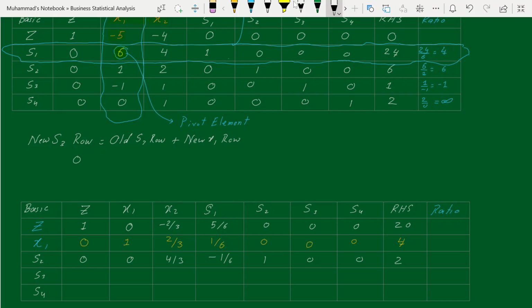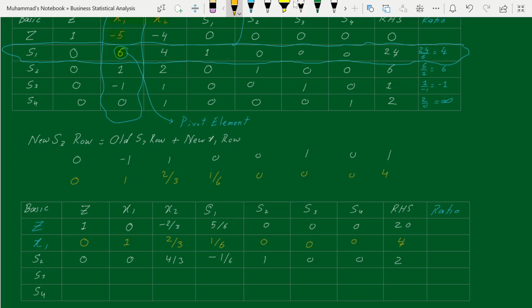So 0, minus 1, 1, 0, 0, 1, 0, 1. Okay, and here I can write down the new x1 row, which is 1, 0, 1, 2 by 3, 1 by 6, 0, 0, 0, and then 4. Okay, so now we can simply add it so that it becomes 0.